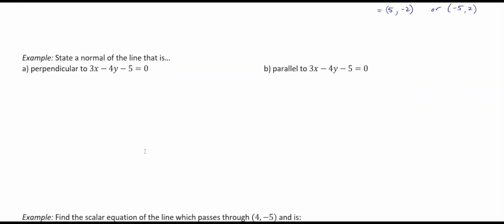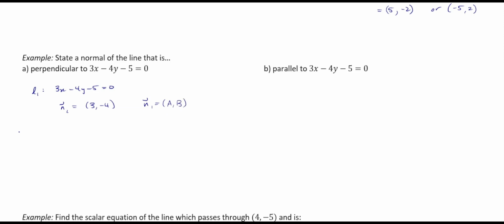Okay, state a normal of the line that is perpendicular to this line right here. So I'm going to say line 1 is given as 3x minus 4y minus 5 is equal to 0. So the normal for that line, I just look at the a and b values, is given as (3, negative 4), right? That's (a, b).